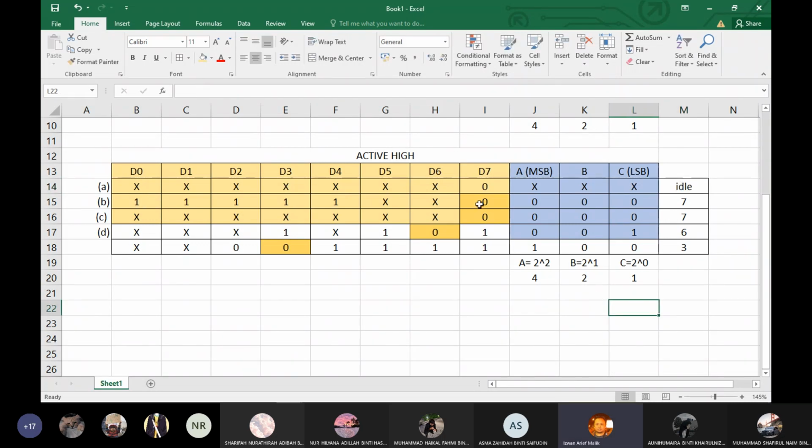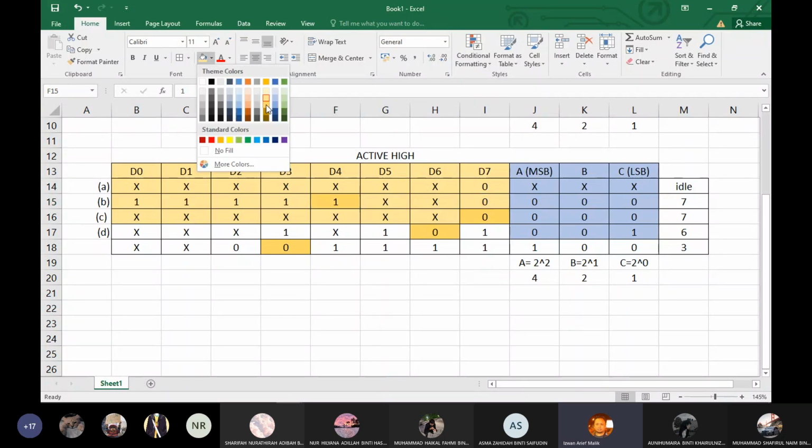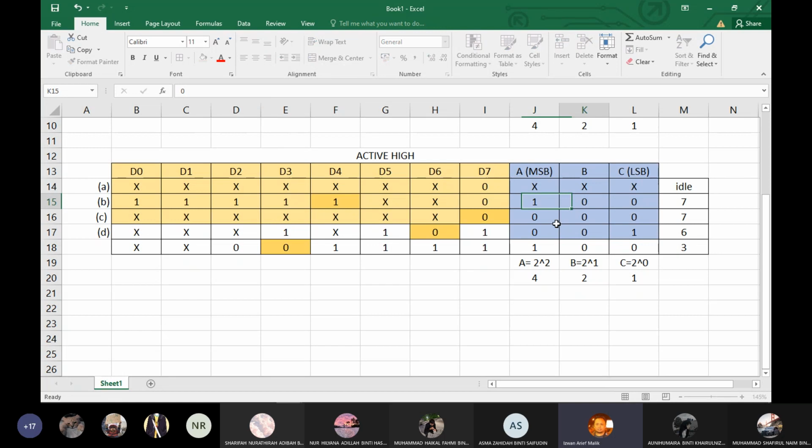Ini ada 1, 1, 1, 1 sampai sini. Yang ini pun akan jadi biasa. So ini akan jadi the highest priority, iaitu di 4. So di 4 dia akan jadi 1, 0, 0. So 4. Yang ini sama macam atas ni tadi, so idle lah.